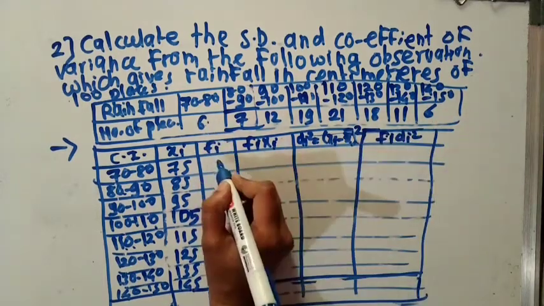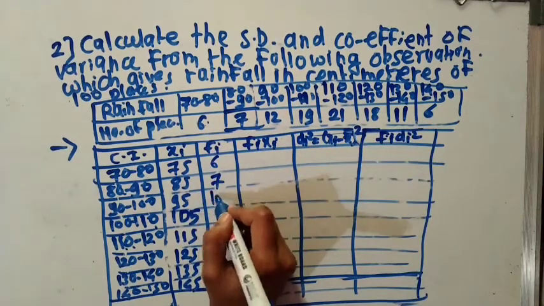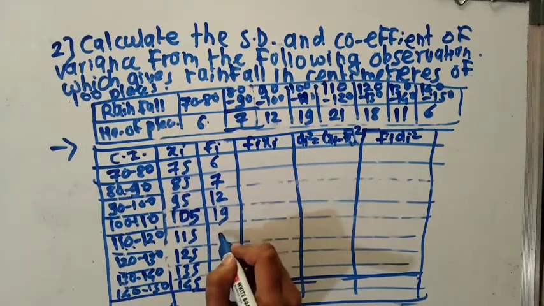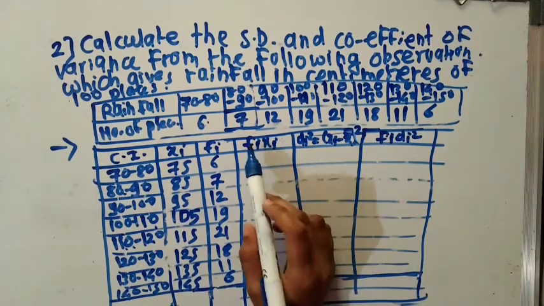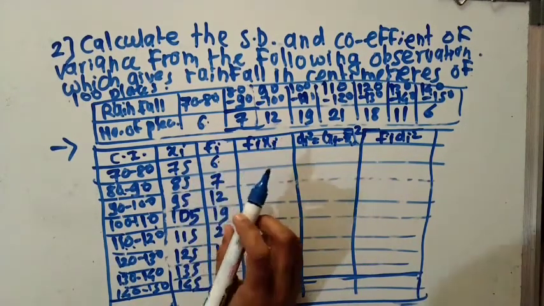Then fi is 6, 7, 12, 19, 21, 18, 11, 6. Then find out fi into xi, this into this.